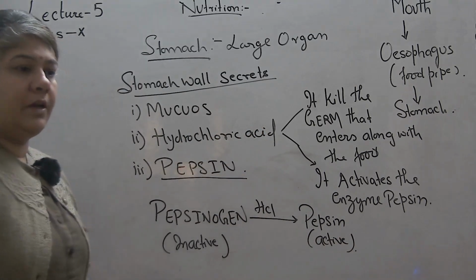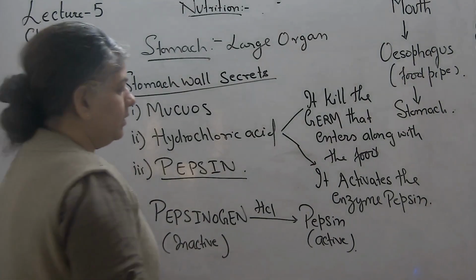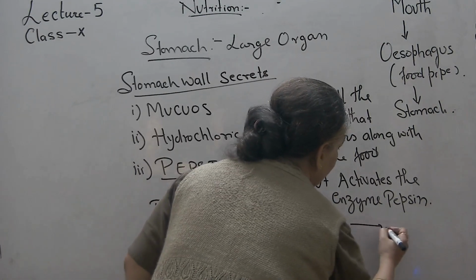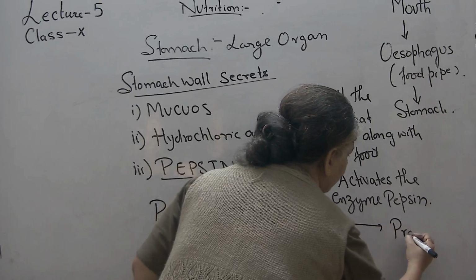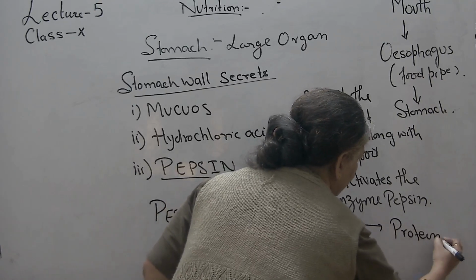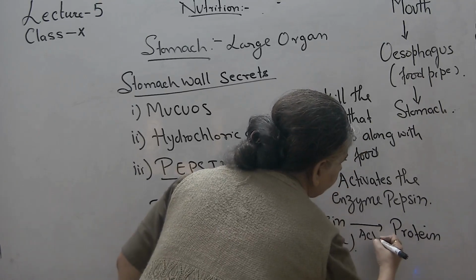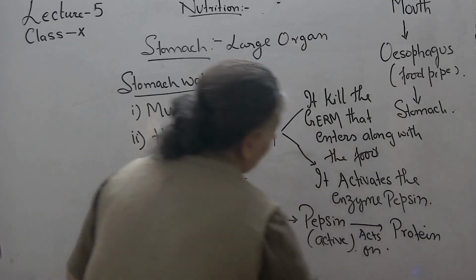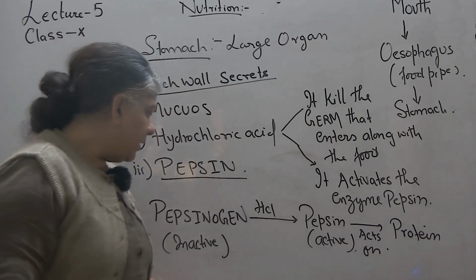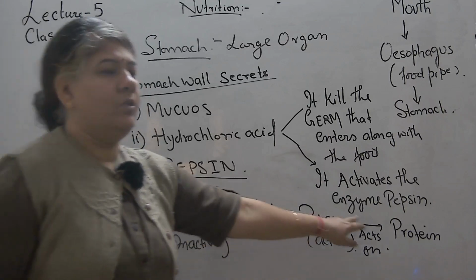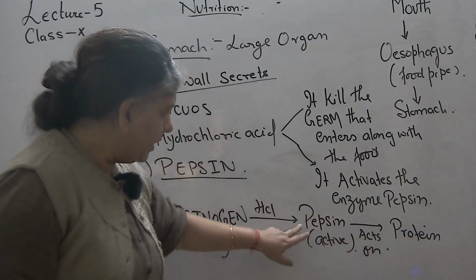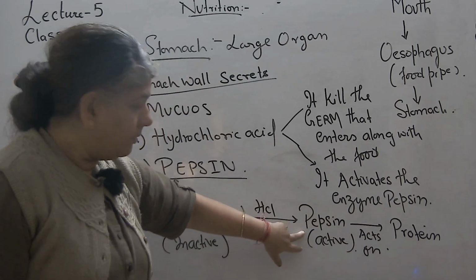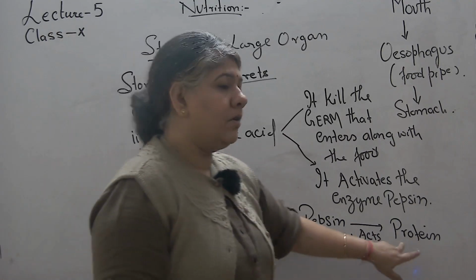And this pepsin acts on protein. So it is easy to remember that pepsin acts on protein. You can remember like this: P for pepsin and P for protein.